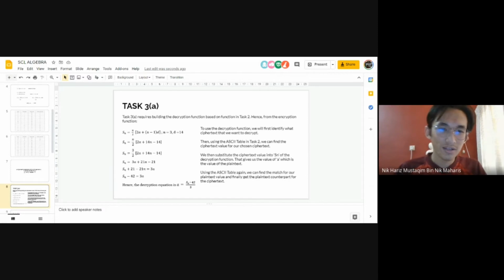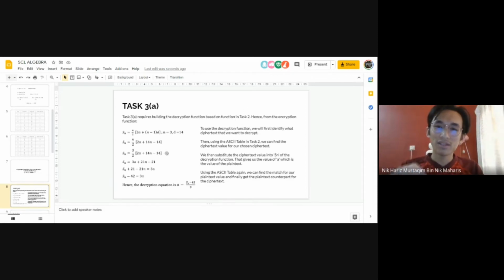If we look to the left, we will see that Sn equals n over 2 in brackets 2a plus (n minus 1)d. n is 3 and d is 14, the same as in task 2 and task 1.